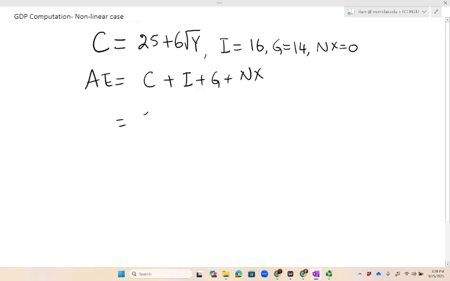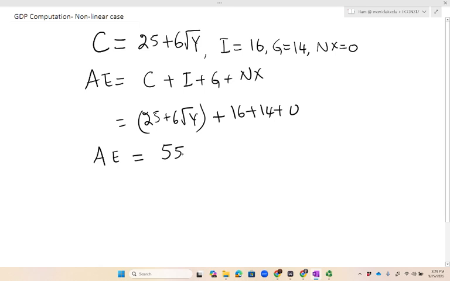I have 25 plus 6 square root of Y, that's the household consumption, and 16 plus 14 plus 0, that's the other three terms. I combine the constants together. So 16 plus 14 is 30, plus 25, we obtain 55 plus 6 square root of y.